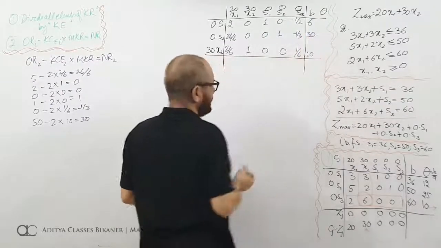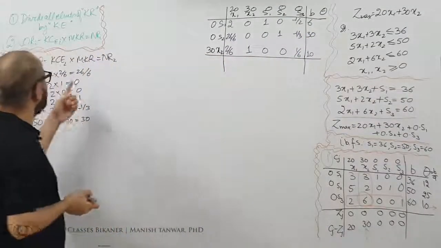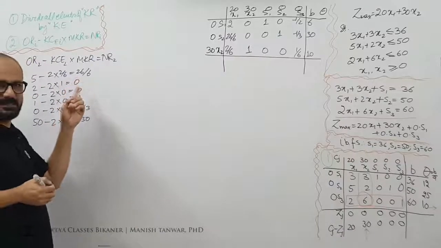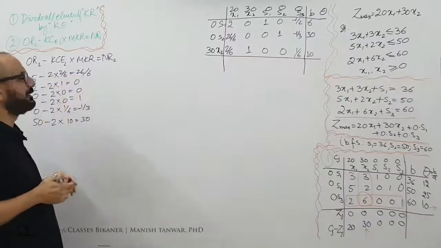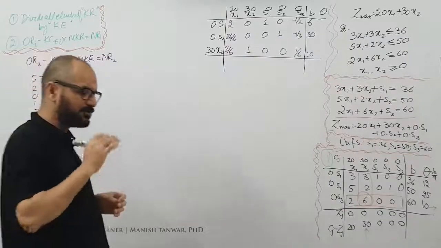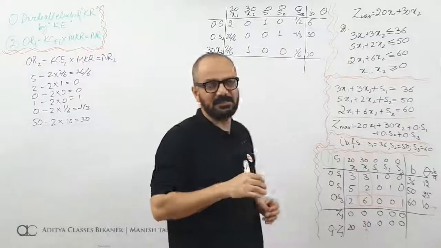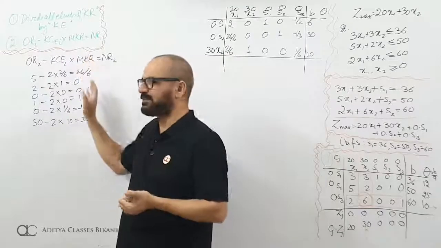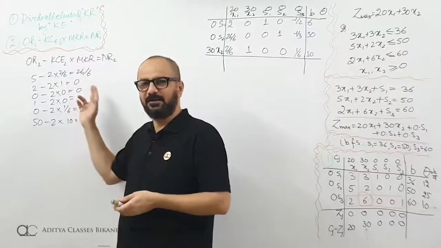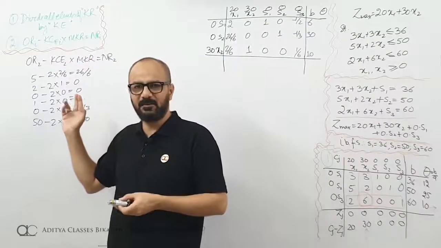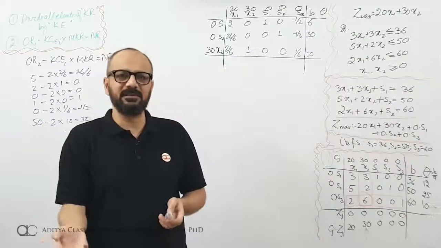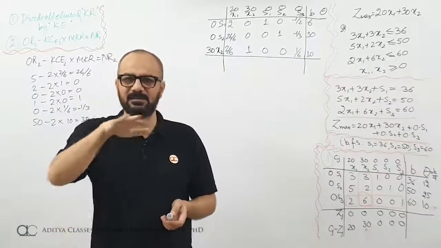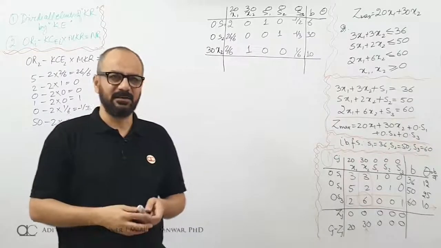Now remember one thing, I could have simplified this 26 by 6 to make it, let's say, 13 by 3. But we should avoid simplifying these fractions, the reason being that so long as these fractions are in this shape, their denominators will be the same. And if their denominators are the same, whenever the need arises, we can operate upon them very easily, because the LCM will be similar.